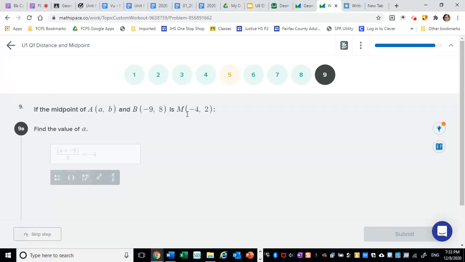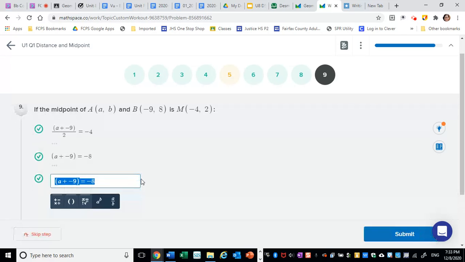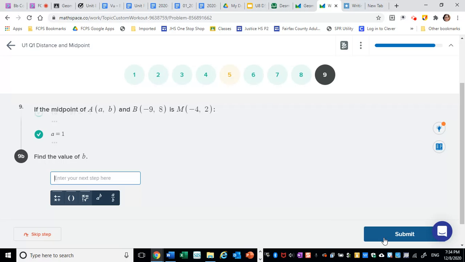Then you solve for A, so you multiply both sides by 2. -4 times 2 is -8. The next step, you solve for A by adding 9 to both sides. So -8 plus 9 is +1. So A equals 1. All right, and that's it.